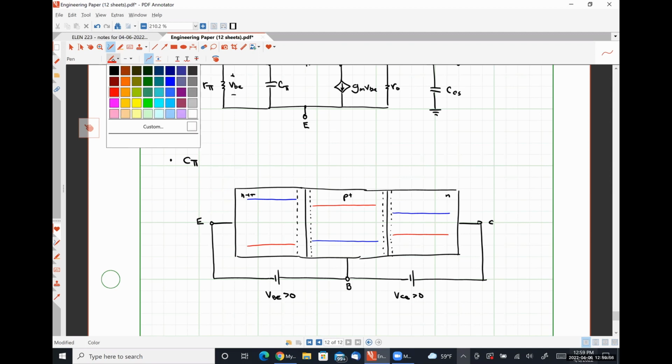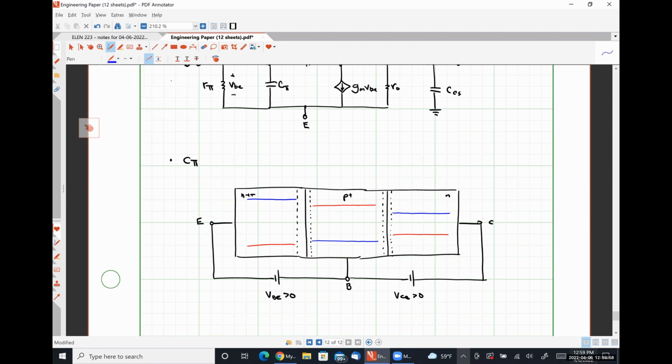So when our base emitter junction is forward biased, we know that electrons can easily diffuse from the emitter into the base, and similarly, holes can easily diffuse from the base to the emitter.